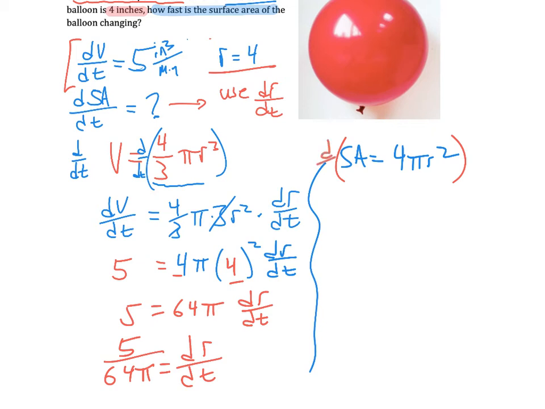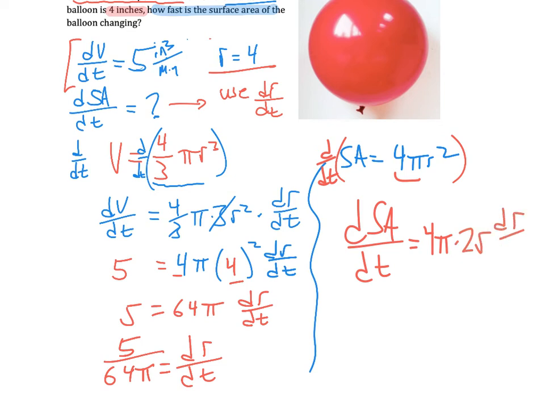So let's take the derivative with respect to time. That gives us dSA over dt. We've got a constant again, 4 pi, that just hangs out. And we need r squared. We need to use the chain rule. Derivative of the outside is 2r. Derivative of the inside is dr/dt.